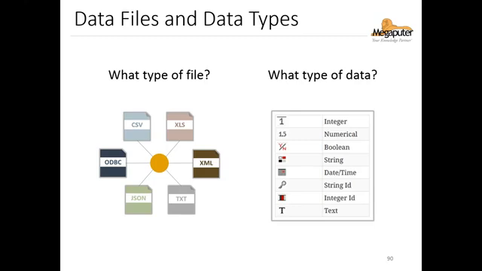And the other is really once we're at the point where we're actually loading the data in to the node, there will be a section where we select what data type each of the columns is. And the system does try to automatically detect what the data type of that column is. So, an integer or a numerical or a Boolean.